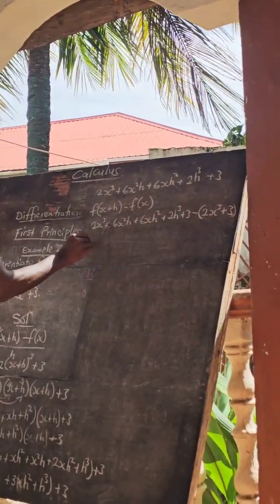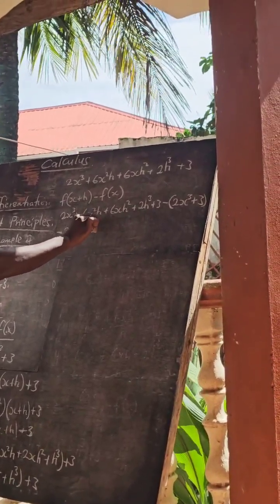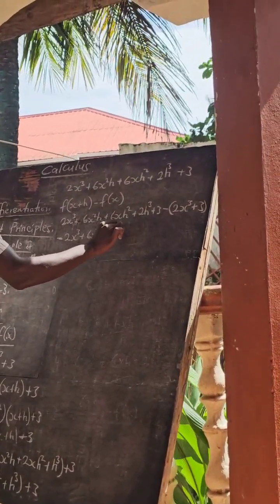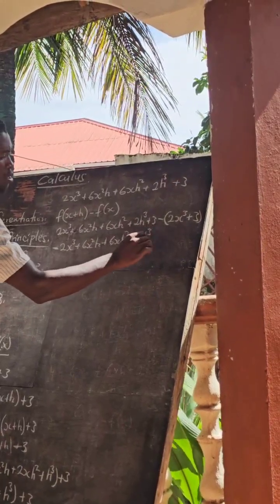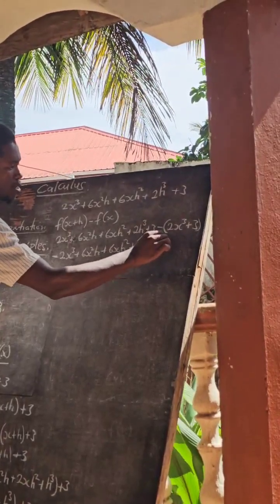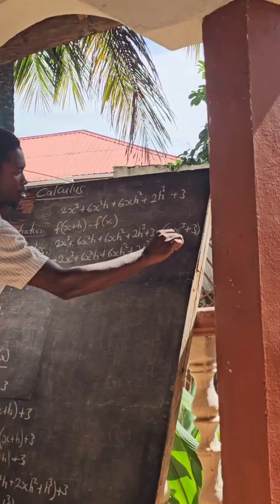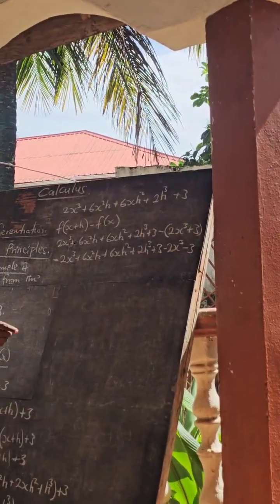So this will give us 2x cubed plus 6x squared h plus 6xh squared plus 2h cubed plus 3, minus 2x cubed minus 3.